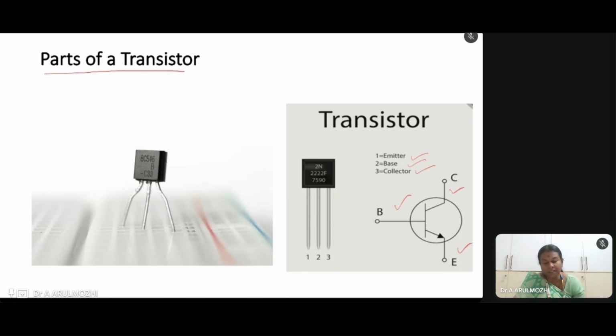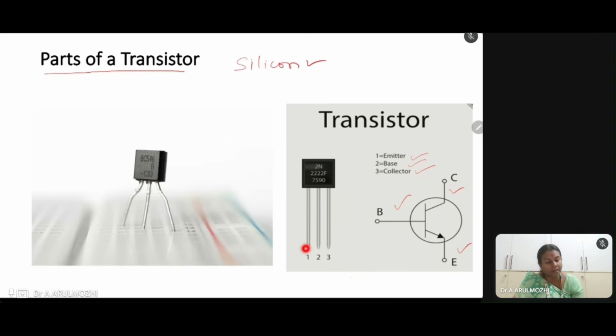And if you see here, they are made up of semiconducting materials. Here the best example of a semiconductor is silicon.